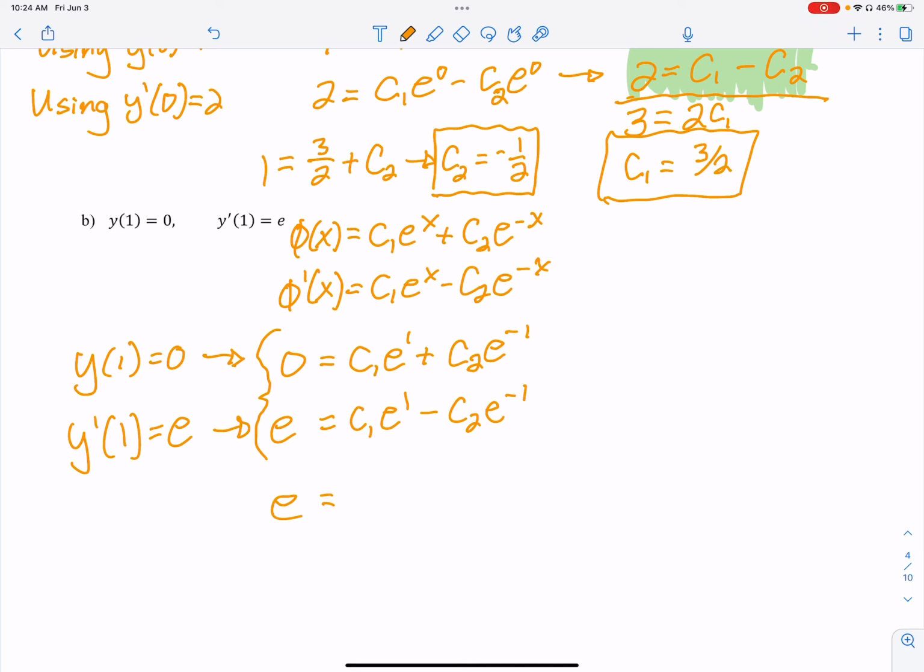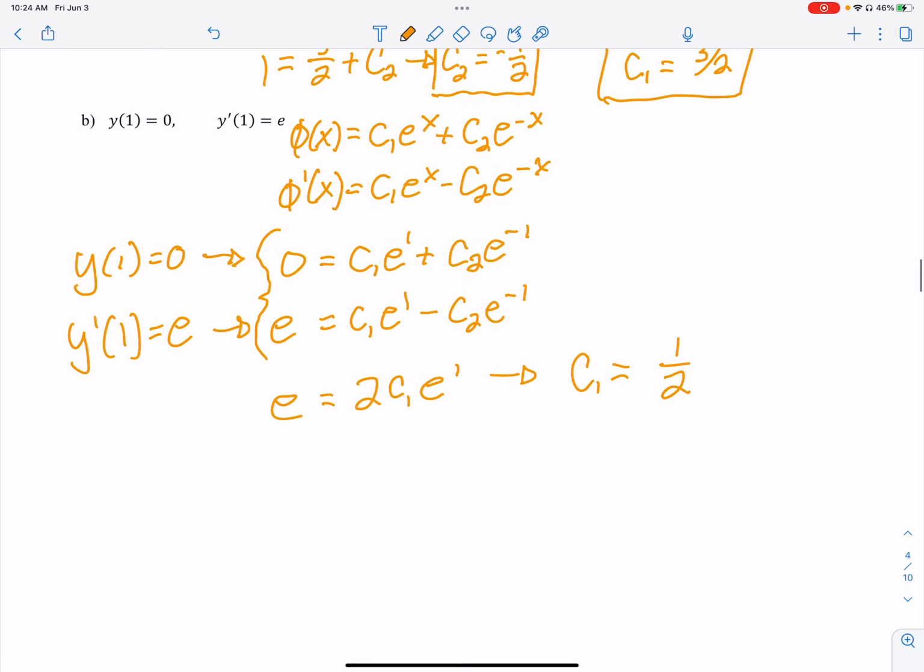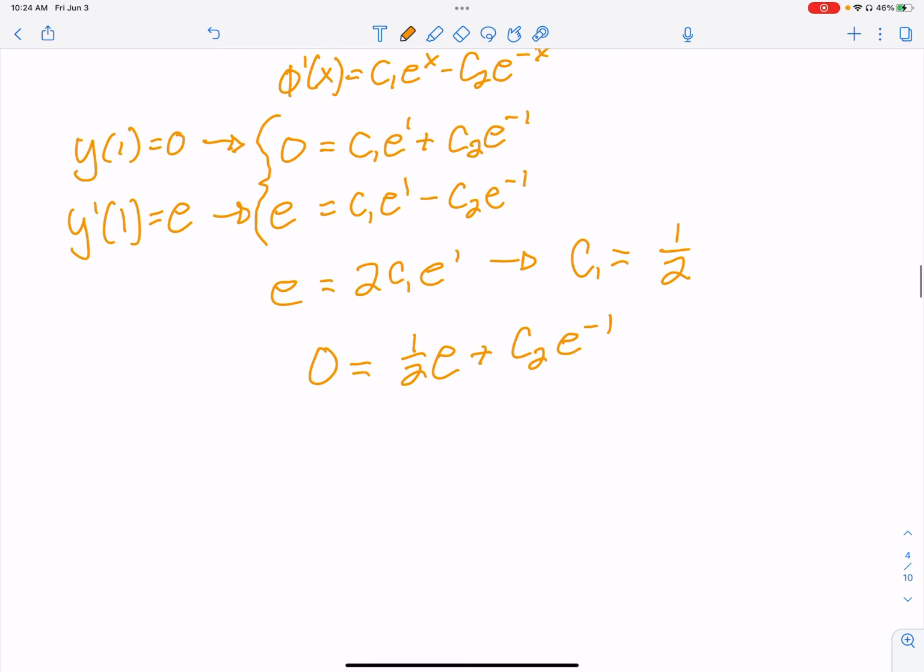Because the C2s will go away, we get 2 C1 e to the 1. If I divide by 2e, this gives me C1 is equal to 1 over 2. Divide both sides by 2e, the e's cancel, we just get 1 over 2. Now I can use one of the equations that I have to solve for the other one. I'm going to use the top one because it feels easier to me. So I got 1 half e plus C2 e to the negative 1. I'm going to minus the 1 half e.